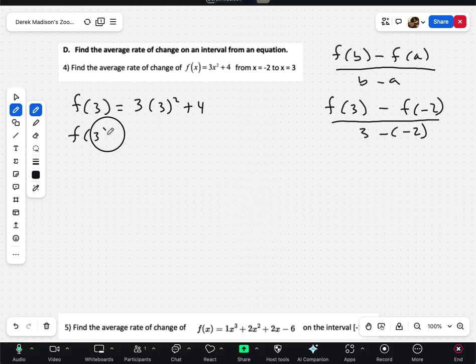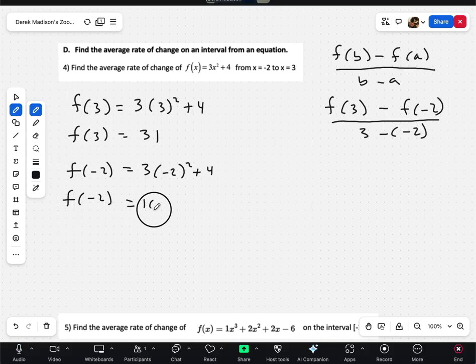So f of 3, that is 27 plus 4, and that is 31. And then we're going to do the same thing, f of negative 2, figure out what that is. So negative 2 plugged in there is going to be 3 times negative 2 squared plus 4. So negative 2 quantity squared, that's positive 4 times 3 is 12, plus 4 should be 16.